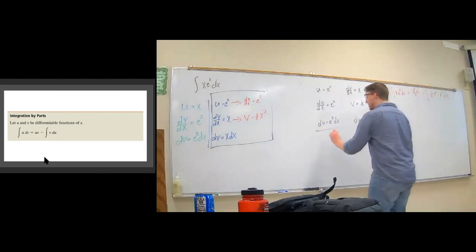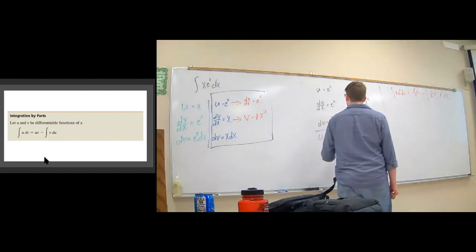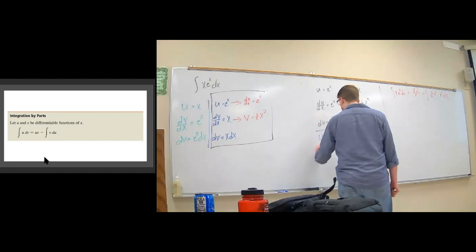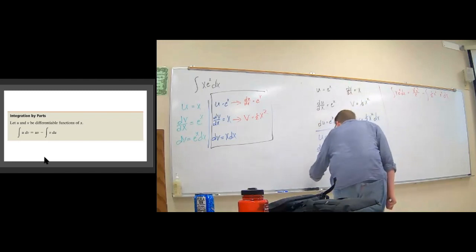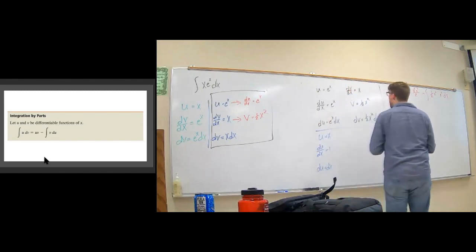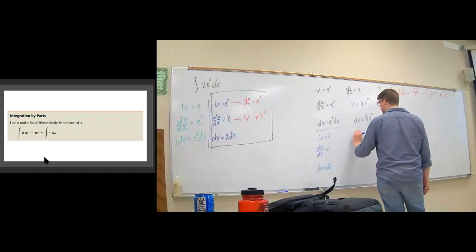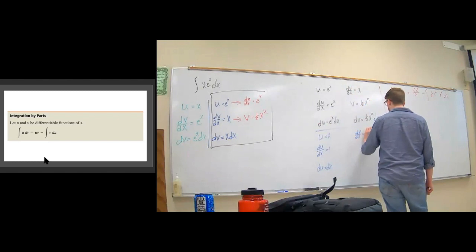All right, so let's say that u is equal to x. Then du dx, well, that's equal to 1. du then is just dx. Coming over to the side now, that means dv dx, well, that's equal to e to the x.